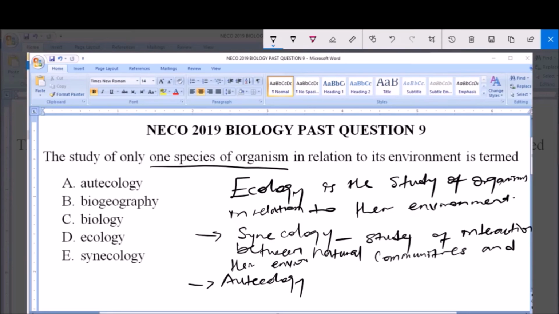And like we know, natural communities are made up of many populations. So many populations make up a community.